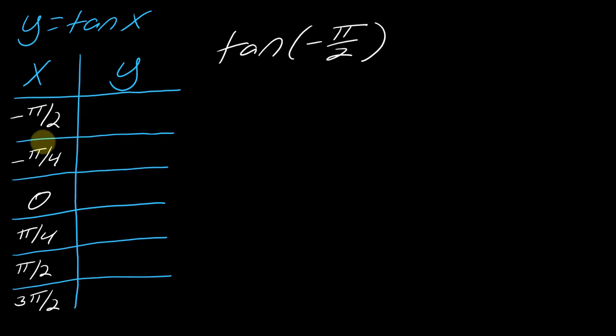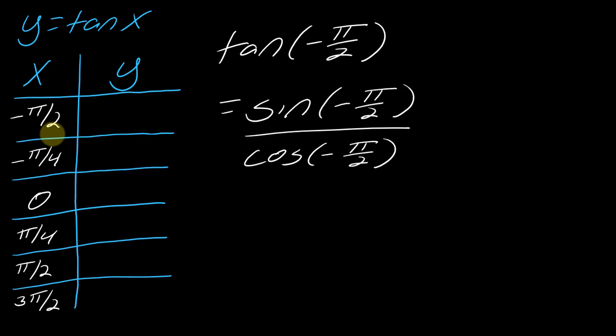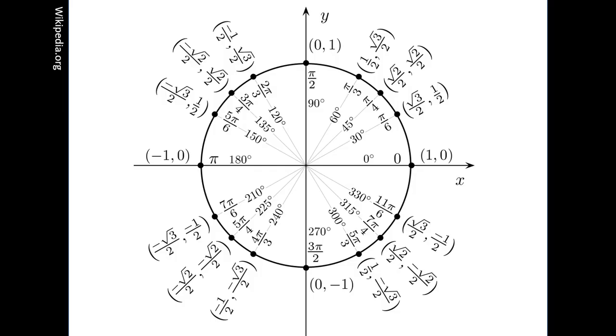Okay, so let's start with tangent of negative pi over 2. Just as a reminder, if you wanted to calculate that, you would just find sine and cosine. And if you were really unsure of these things, you could always refer to the good old unit circle. Now, this unit circle has all the positive radian values, but if I go in this reverse direction, this becomes negative pi over 2.